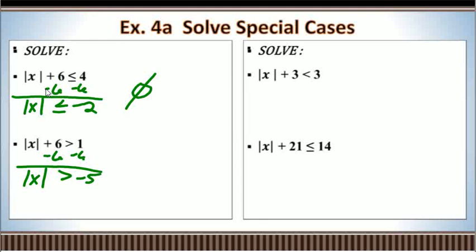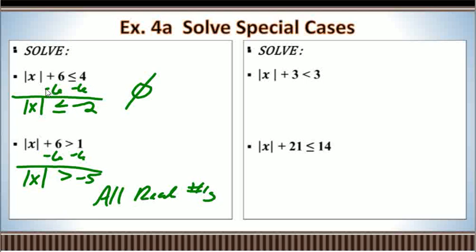So all the numbers on the number line are solutions. So this should be all real numbers. Because I can put any number in for x and find the absolute value of x, it's always going to be greater than a negative number. So if the inequality is greater than a negative number, it's always all real numbers.